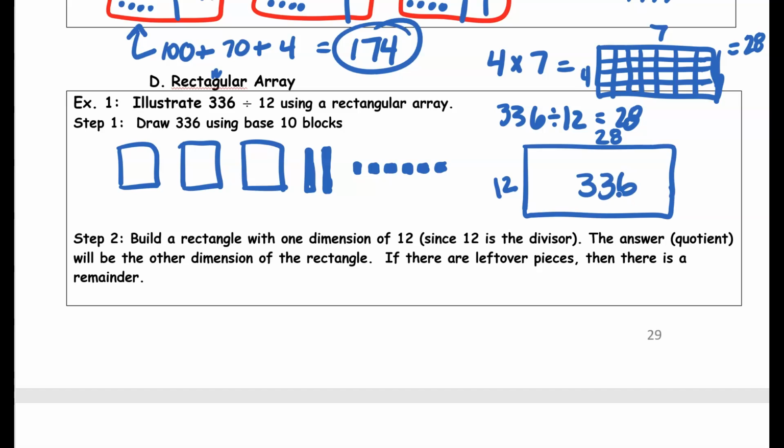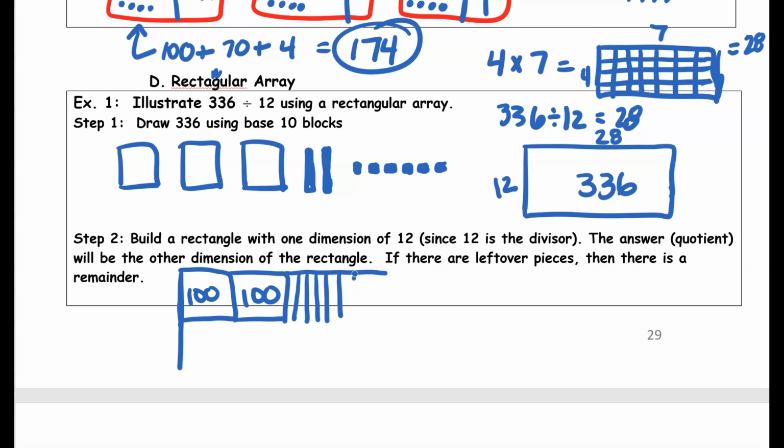And the way that you would do that, you're going to have to just use your imagination for a minute, is we'd take two flats. Remember, this is 100 each. And then we're going to take 8 longs, so 1, 2, 3, 4, 5, 6, 7, 8. Remember 8 times 10, this would be 80.